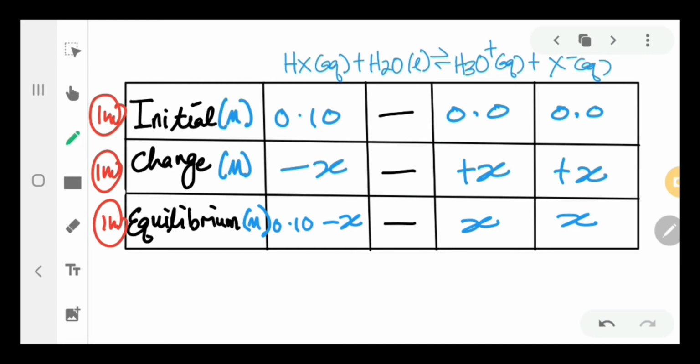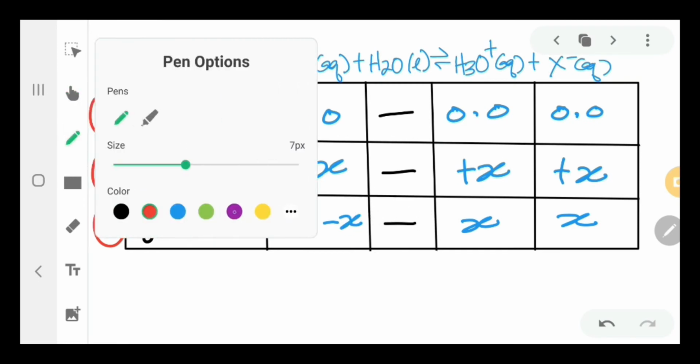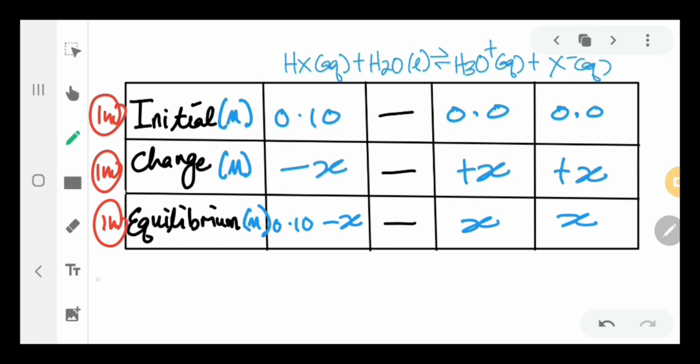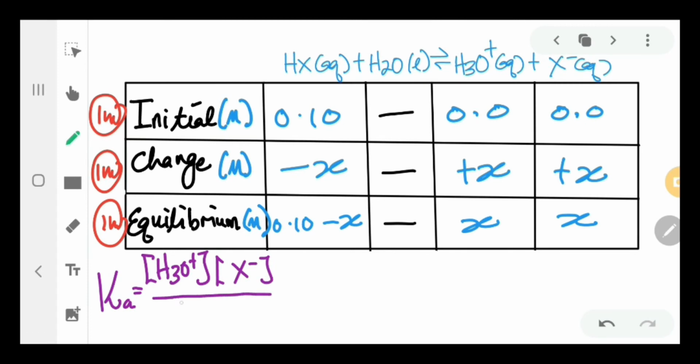Now we're going to find the value of Ka. We do know that Ka is written as this. This is the Ka expression for this weak acid.